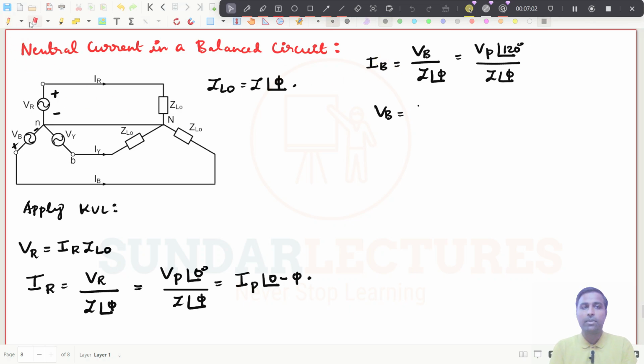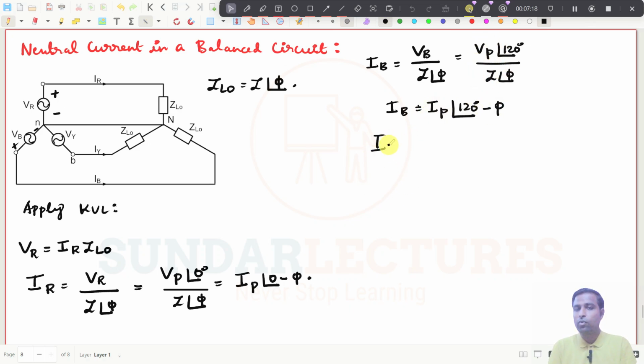So IB will be equal to IP at an angle of 120 degrees minus phi, where VP by Z is IP.